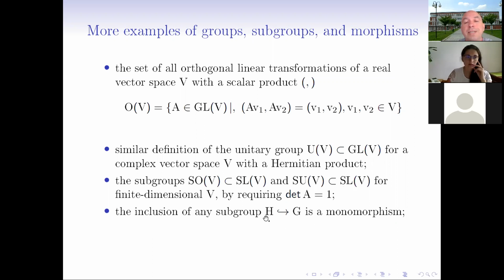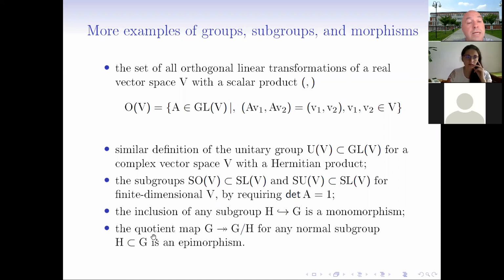If you consider the inclusion of a subgroup H inside G, it's a monomorphism. If you look at H itself as a group, then of course every element of H is inside G, and we can view this as a map which sends h from H to the same h inside G, and this map is a monomorphism. For that I use the special symbol for the inclusion, a monomorphism.